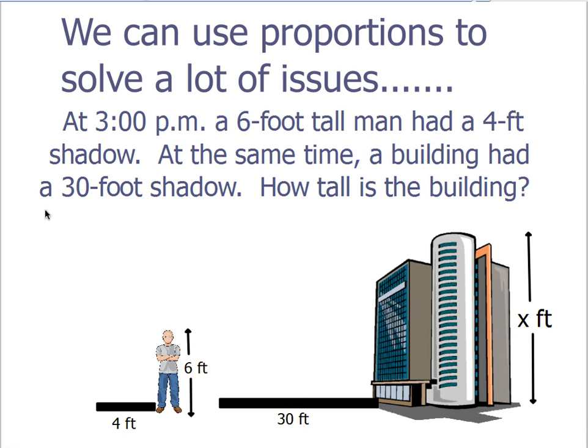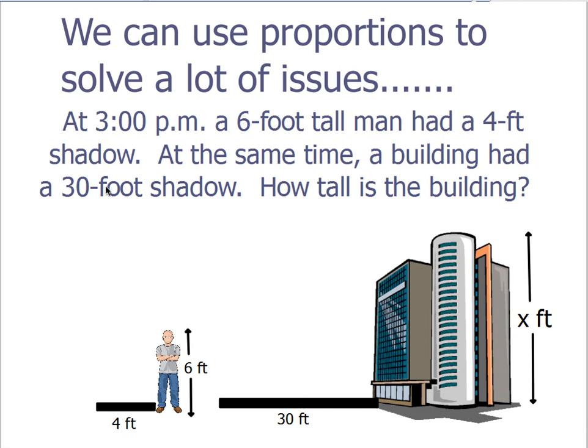So people use proportions to help us measure things that are too big to measure. I'm going to use the proportion height over shadow length, right? I have this 6-foot tall man casting a 4-foot long shadow. And at that exact same time of day, this X foot tall building is casting a 30-foot shadow.